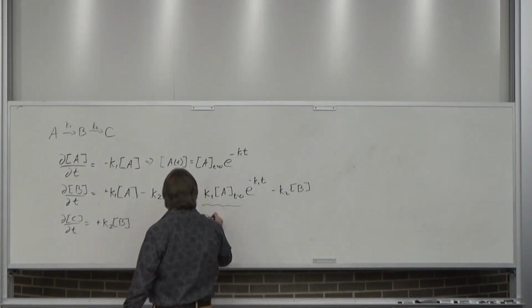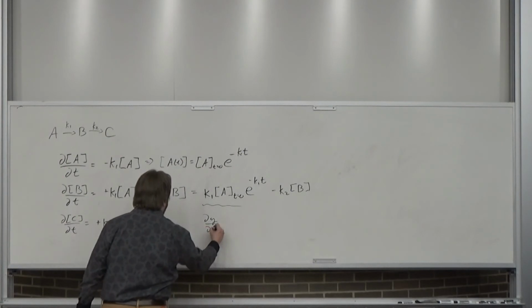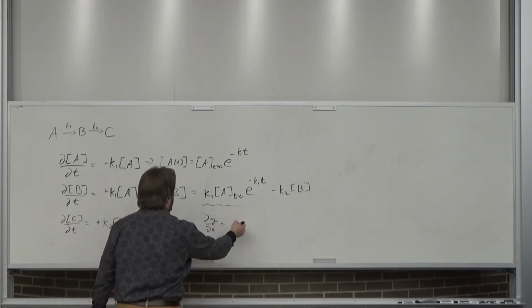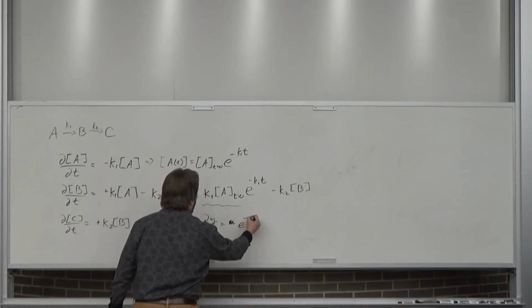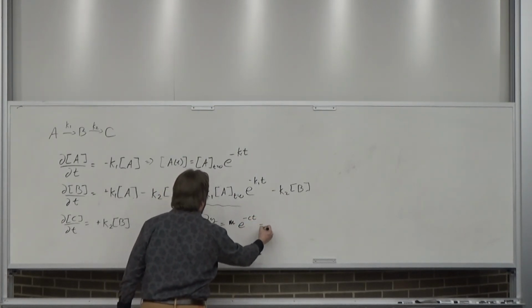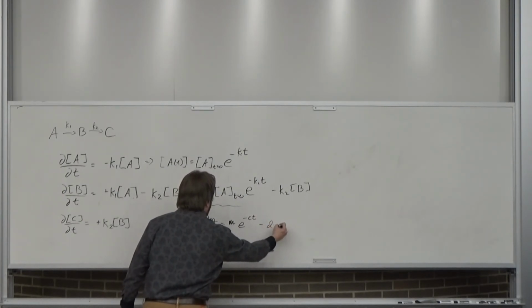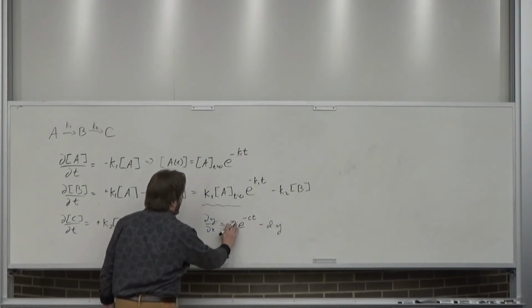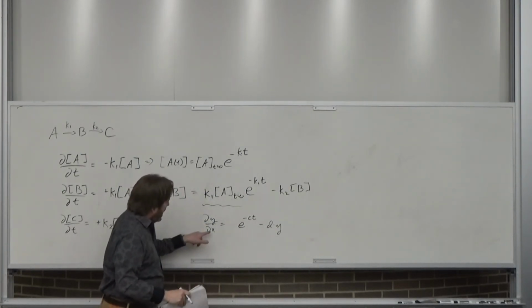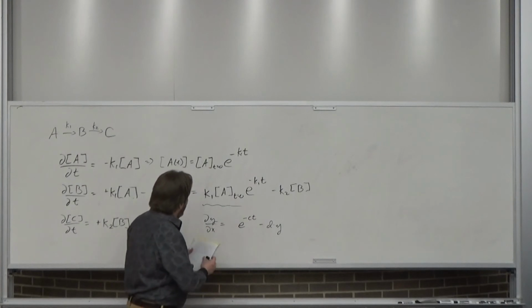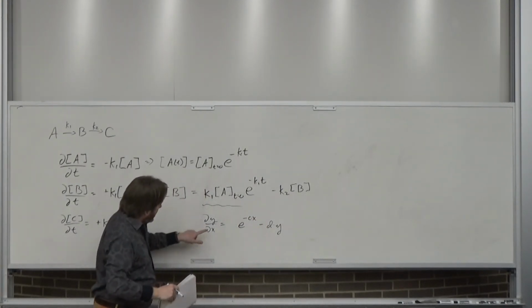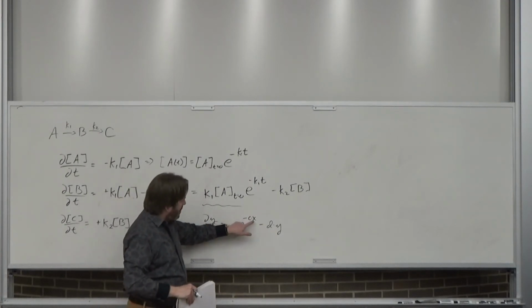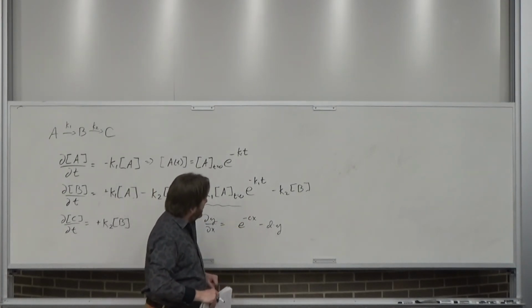It's like dy dx is equal to some stuff e to the minus constants minus another constant. So it's kind of like this: change in y with respect to x is some constant e to the minus x times some other constant.